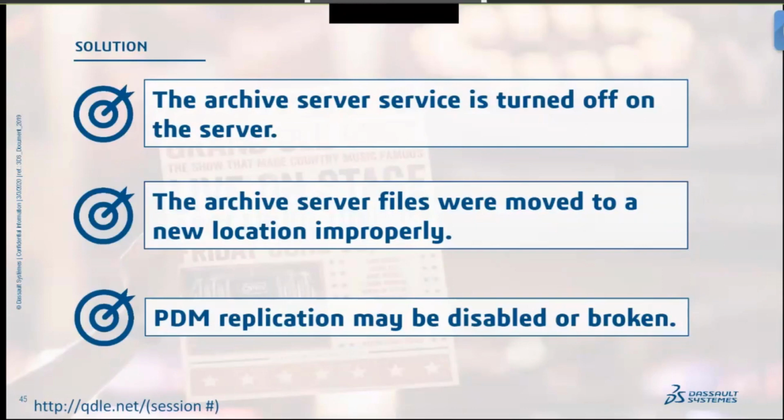Another issue that we could have is that the archive server files were moved to a new location improperly. We see this happening all the time. Well, not all the time, but it is more common than you would think, where the users are actually working inside of PDM, but the IT department or a system administrator says, well, we see all this data held on this server, let's see if we can move it over to somewhere that has a little bit more space to spare.